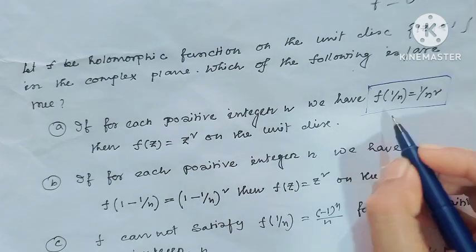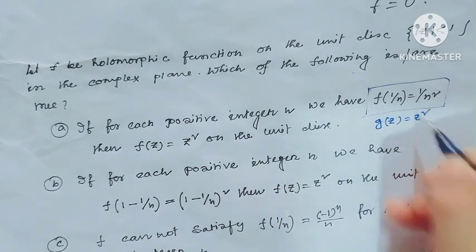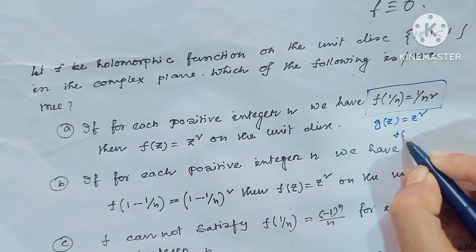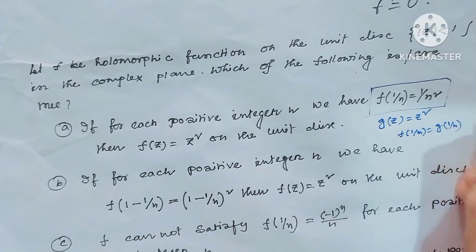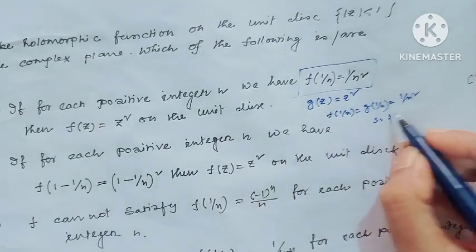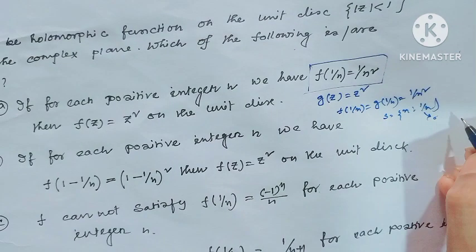Here, similar type. Consider g(z) equals z². Then f(1/n) equals g(1/n), which is equal to 1/n², on the set S of 1/n, and 1/n goes to 0.